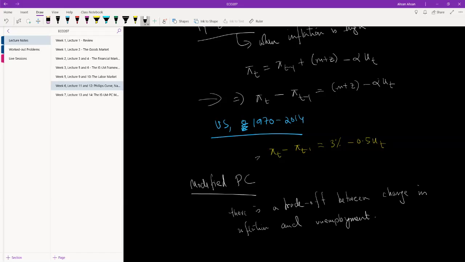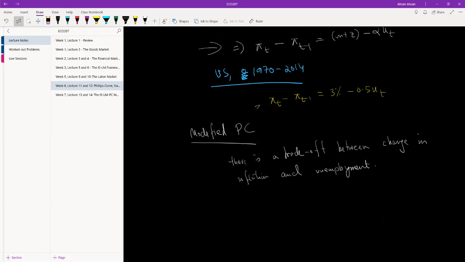So basically, what the modified Phillips curve tells us is, depending on by how much the unemployment rate is in the economy, we will be able to figure out by how much the inflation will change. Let me break this down again. If unemployment went up, the traditional Phillips curve was telling us that the inflation rate will go down and vice versa.